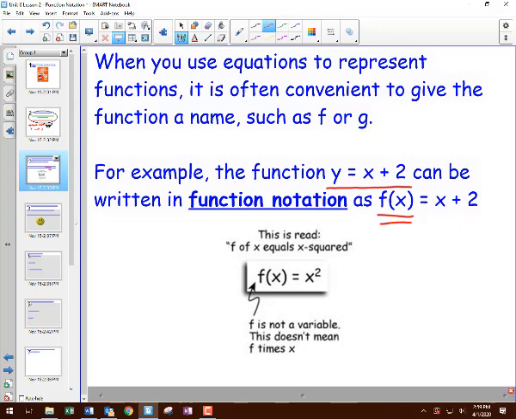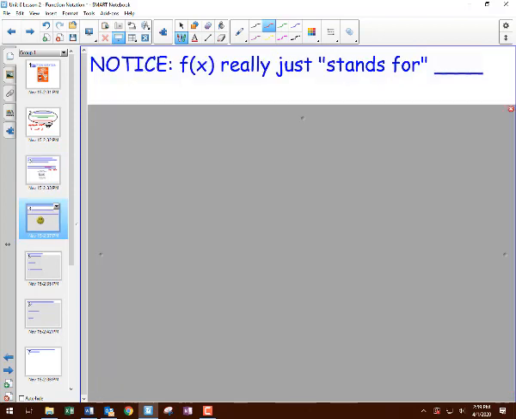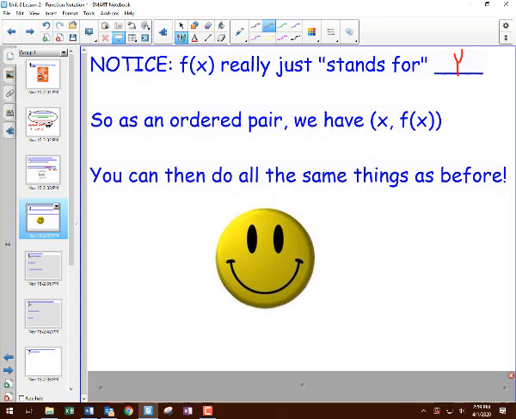It means the same thing. Notice that the x plus 2 is the same both places. What does that tell you? Well, f of x really just stands for y. It's a fancy way to write y.